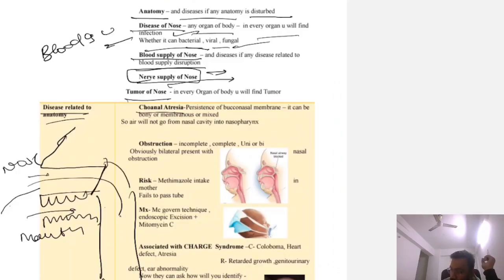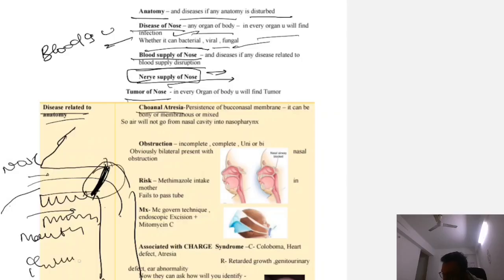Now there is a membrane which is present here in the fetus. This is the buccal membrane. So buccal membrane is present in the fetus, but at the time of birth, it atrophies, it involutes. It is not present at the time of birth.